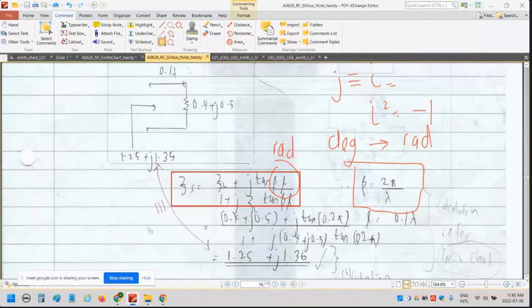Anybody can get this answer? If you cannot get this answer, you have a problem with how to press your calculator. Your calculator needs to be on complex number mode, and you need to change from degree to radian, because this tangent is measured in radian, not degree.